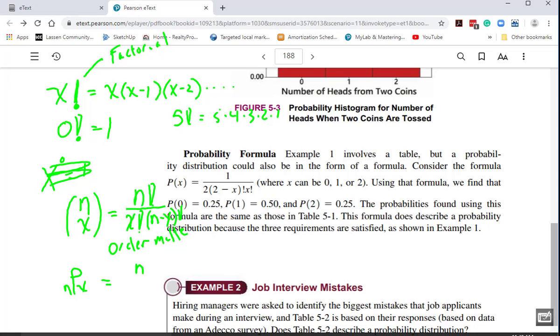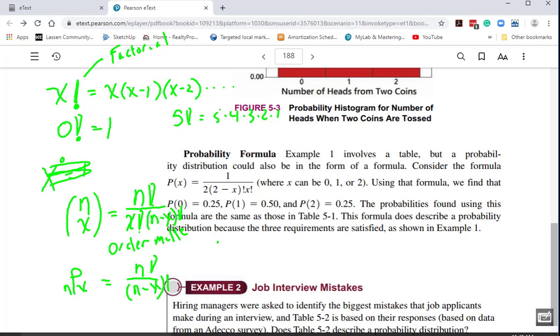That's going to be n factorial, just like this one, divided by n minus x factorial. The only difference is that we're not dividing by x factorial. You see it? Here we have everything. Let me rewrite it.